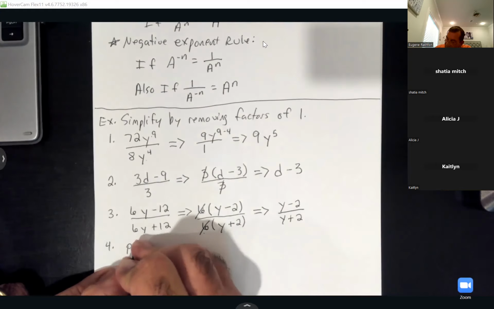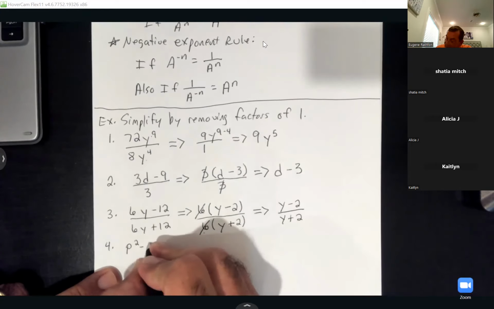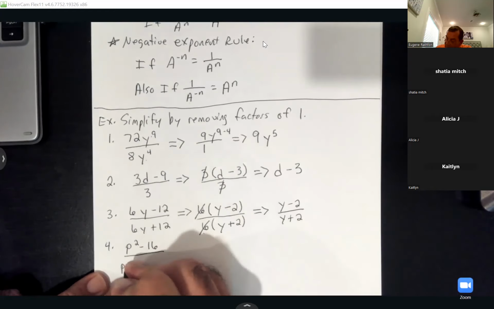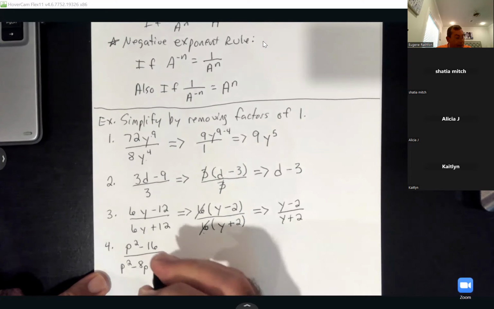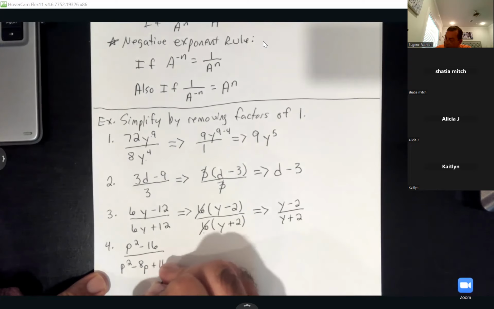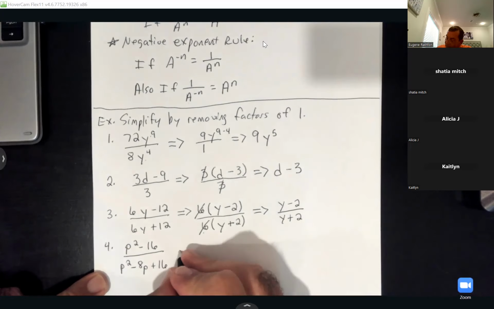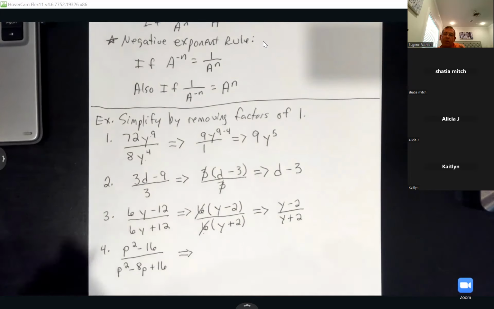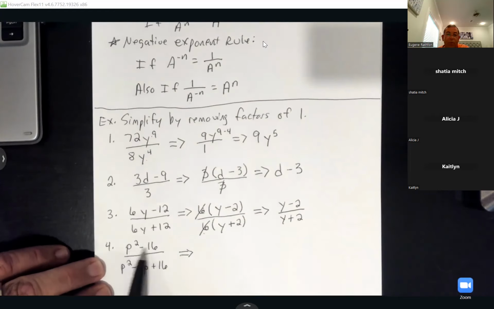All right, y'all, p squared minus 16 over p squared minus 8p plus 16. So both of these, since these are p squareds and p squareds, both of these will factor into 2 sets of parentheses. So remember, this is the difference of perfect squares.